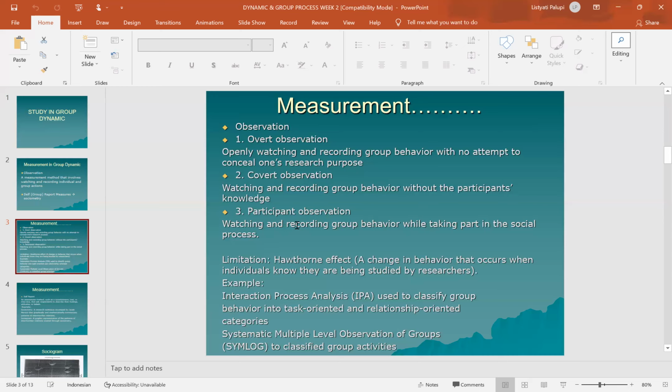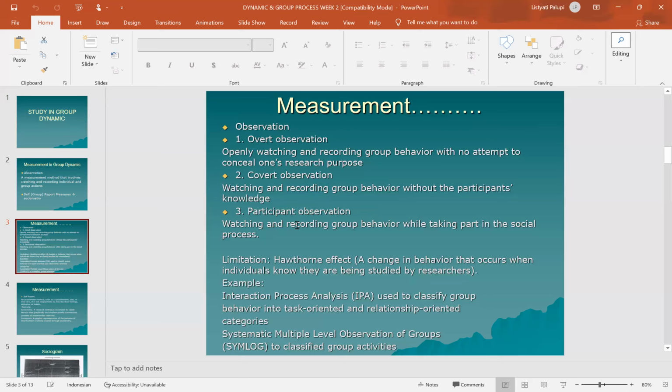There are, of course, certain limitations in the application of observation as a measurement in group dynamics. The limitation is known as the Hawthorne effect. The Hawthorne effect is a change in behavior that occurs when individuals know they are being studied by researchers.